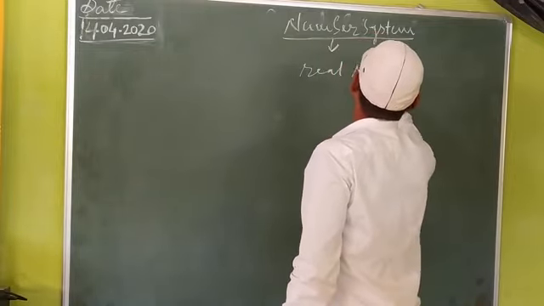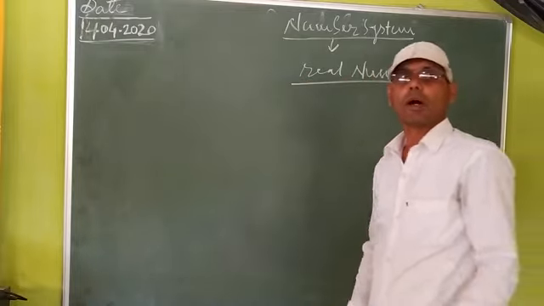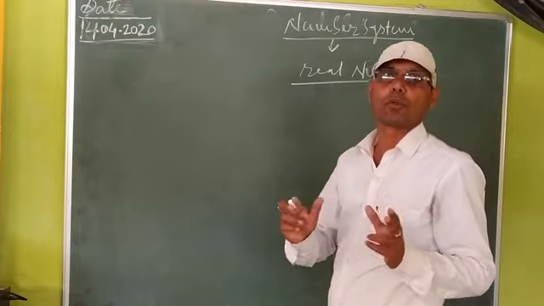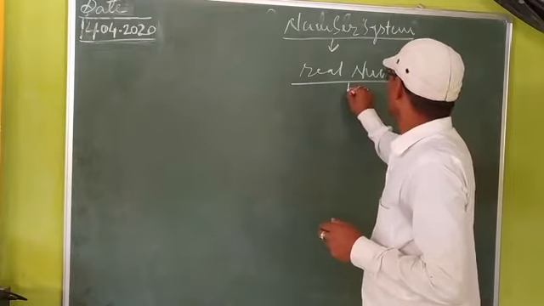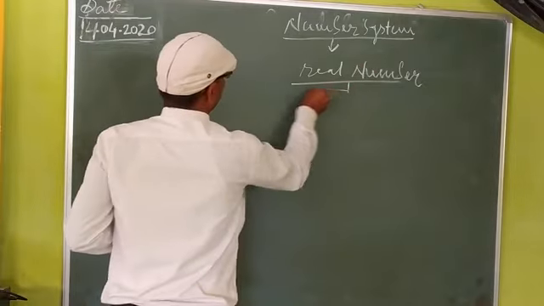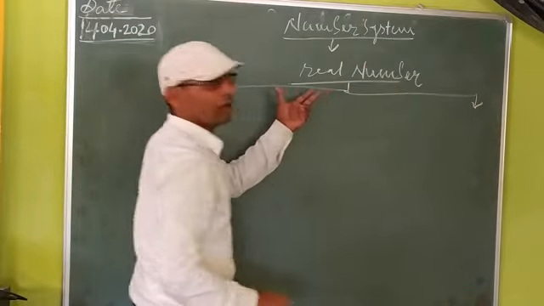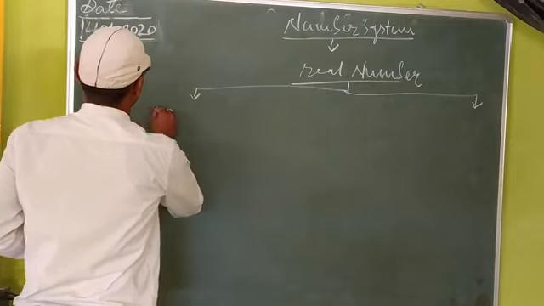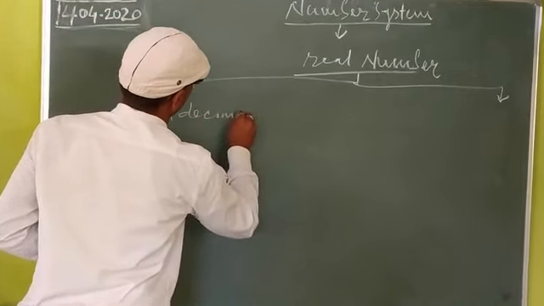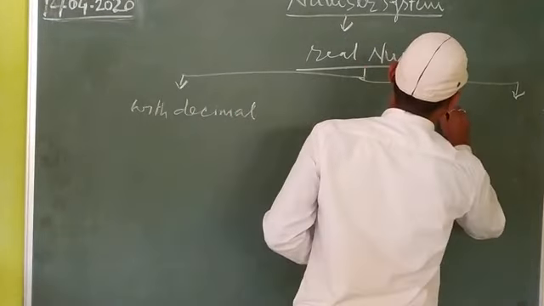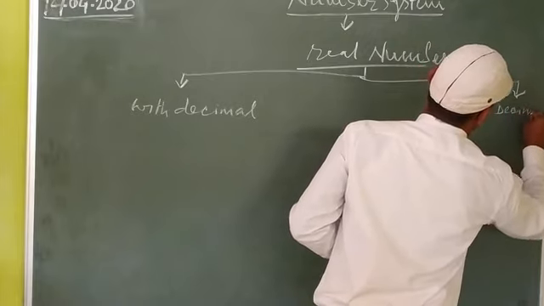Real number. You know, a number which can be exhibited on the number line is called a real number. Now, it doesn't matter which type of number. I am taking graphics of the real numbers in two ways, with decimal or without decimal.